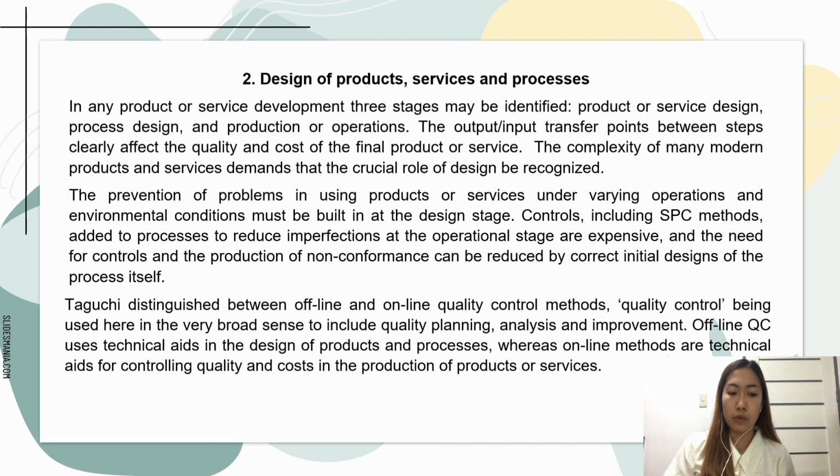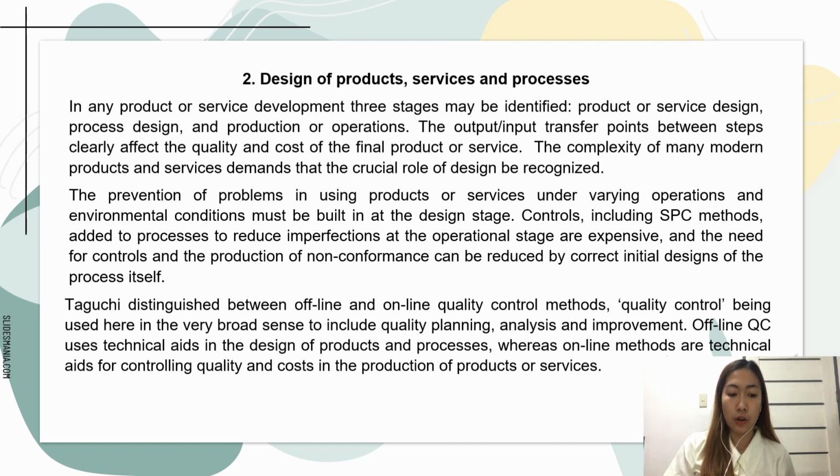Indeed, the robustness of their product and process design can be traced back to the performance of quality products from Japan's automotive, camera, and machine tools industries. The prevention of problems in the use of products or services under varying operational and environmental conditions must be built in during the design stage.